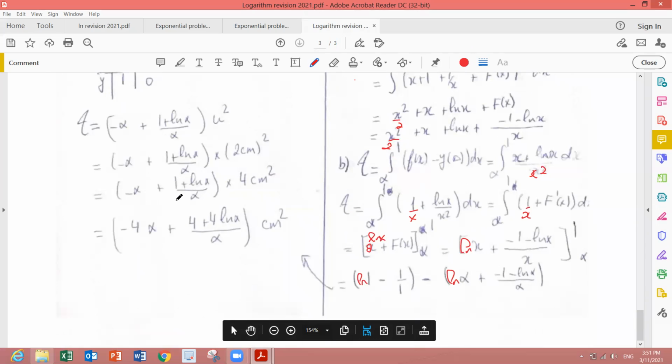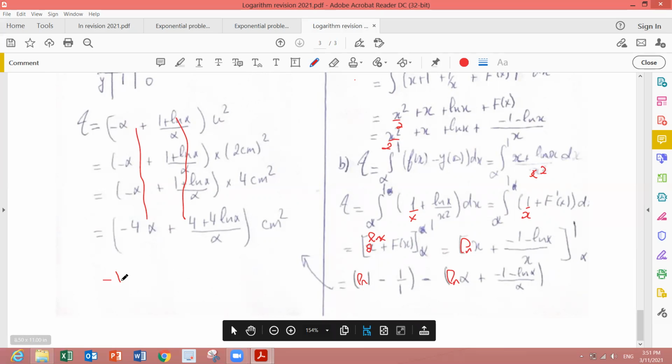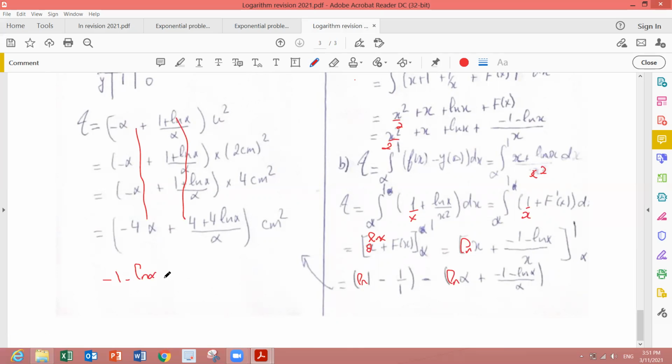Ln 1 is 0, minus 1. So this is not correct. It will equal -1 minus ln alpha minus (1 minus ln alpha plus 1) plus ln alpha over alpha.